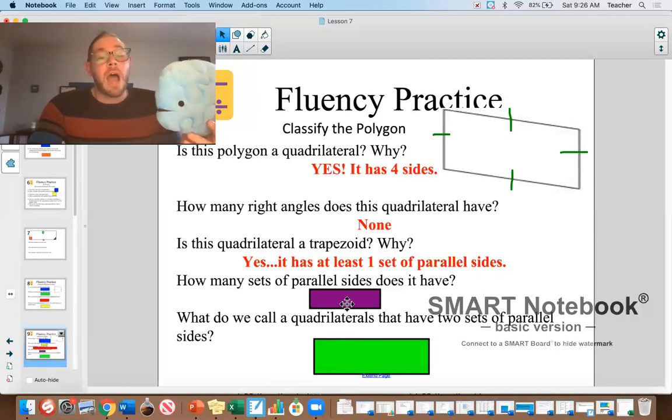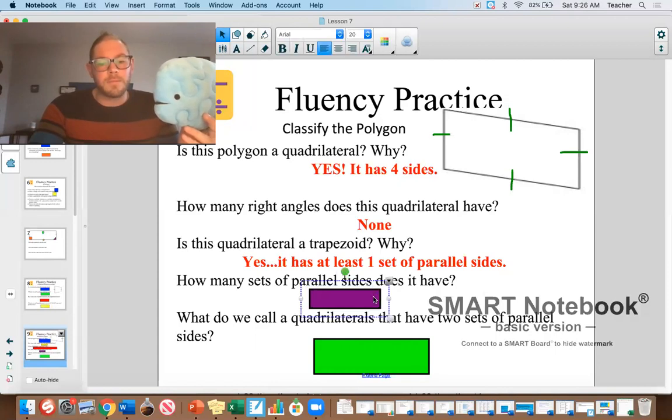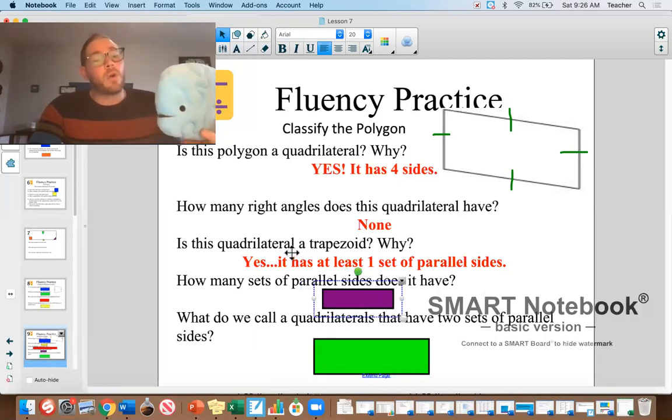And brain, how many sets of parallel sides does it have? It has two. All right, brain, our last question for this slide says, what do we call a quadrilateral that has two sets of parallel sides?